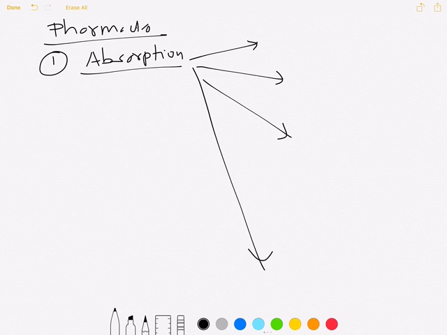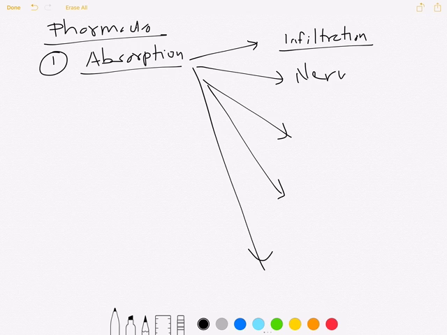You can give them as local infiltration, or nerve block, injecting near the nerve, like a femoral nerve block or brachial plexus nerve block.